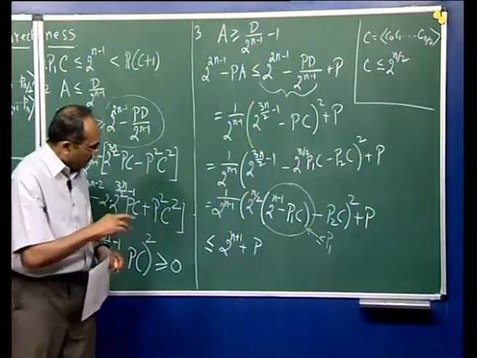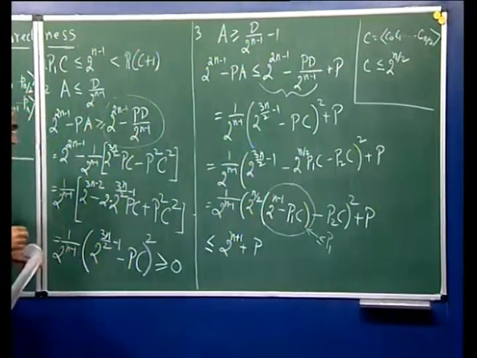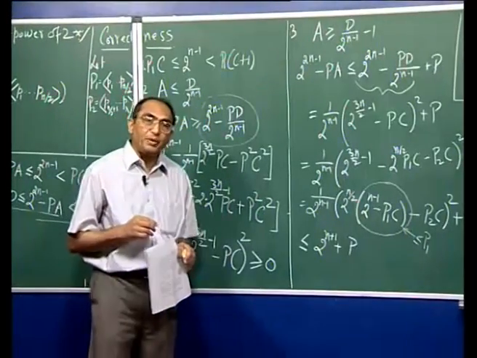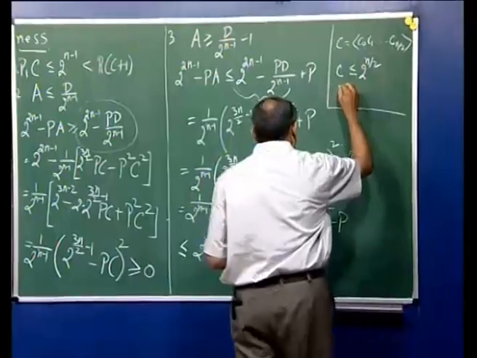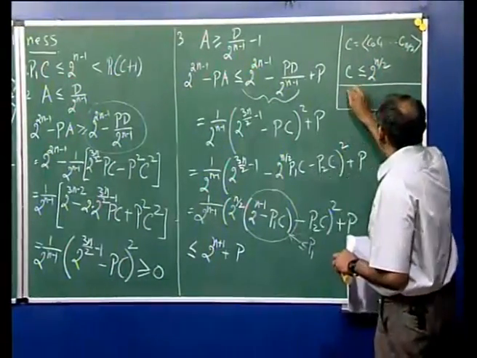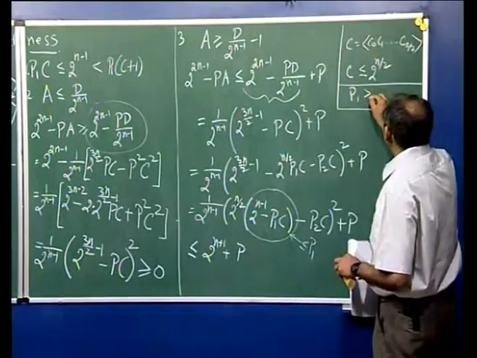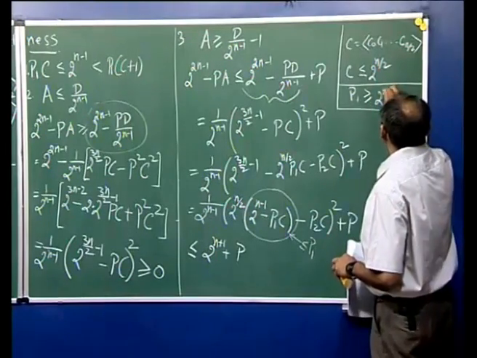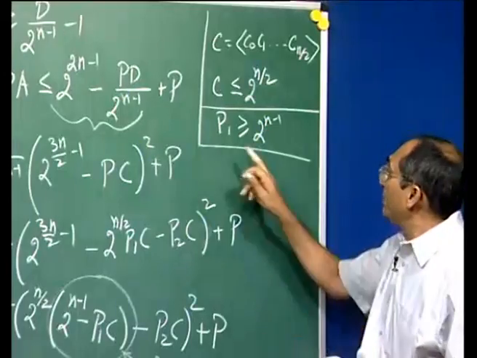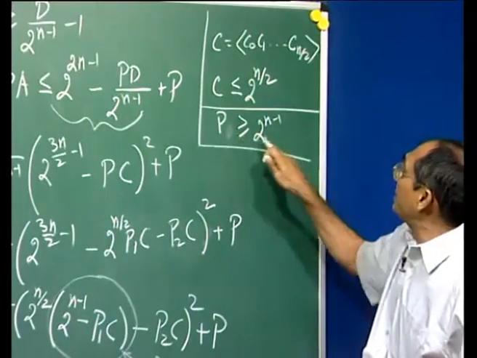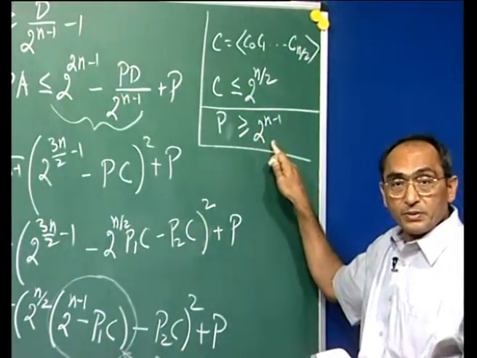Now, we know that the most significant bit of p, namely P1, was 1. So, we also have a lower bound. We know that P is greater than or equal to 2 to the power n minus 1. It can't be smaller than this.